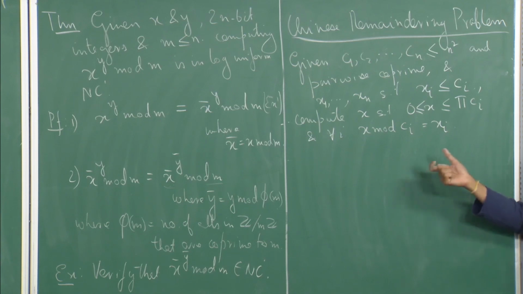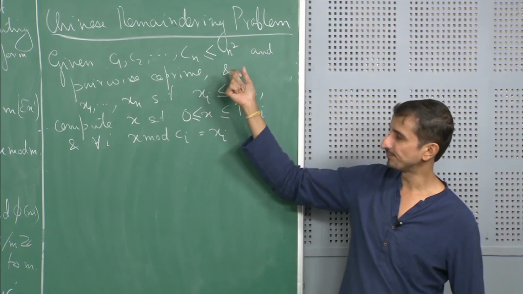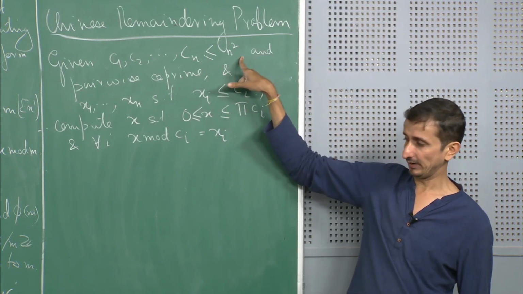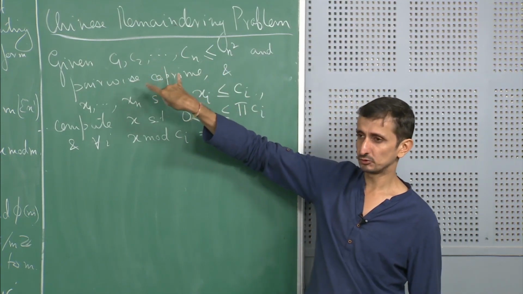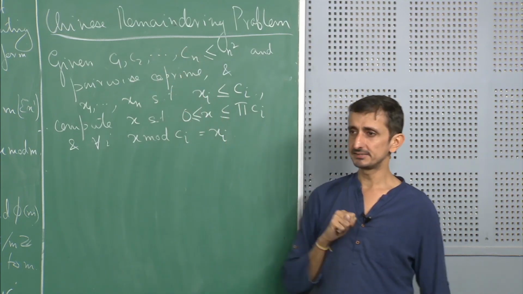What this problem says is that we are given a set of numbers that are small, in the sense that they are bounded by n squared, and they are pairwise co-prime. So for any i and j, the GCD of ci and cj is equal to 1.